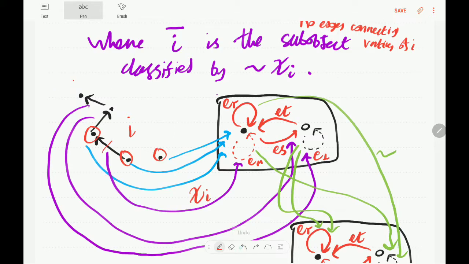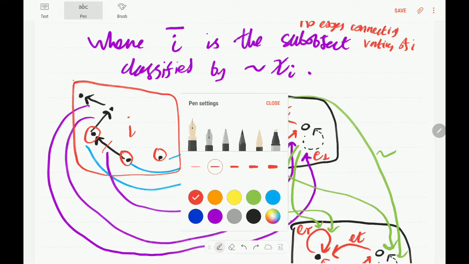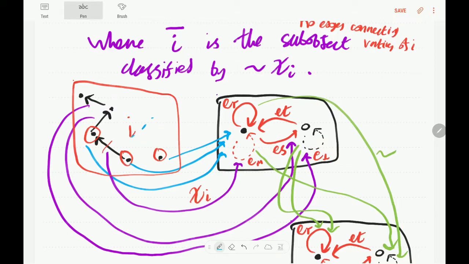Okay, so what I'm basically saying is that this kind of thing here is going to be absent in I and also absent in the negation of I. So there's no way that doing I in union with I complement is going to have all the edges because that edge isn't there in either of them.